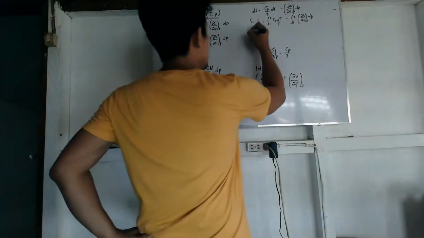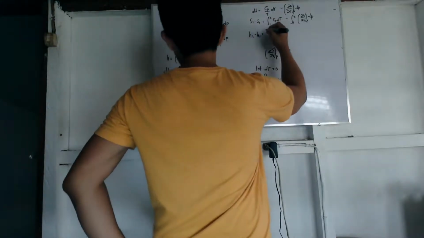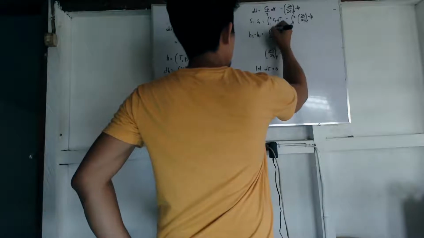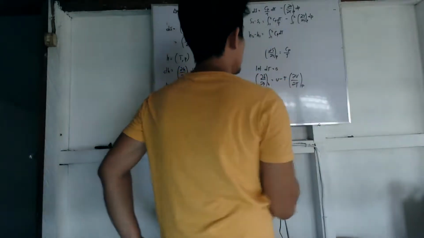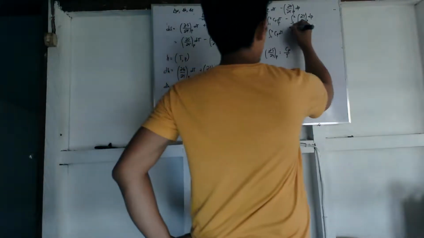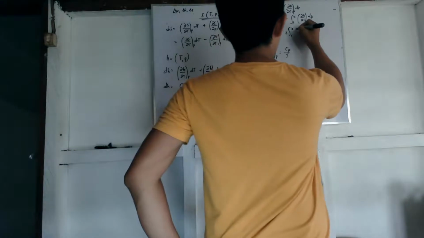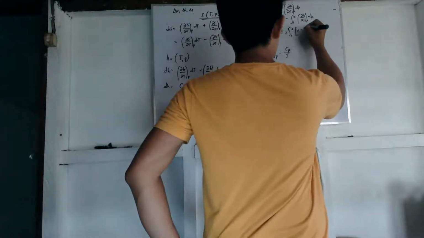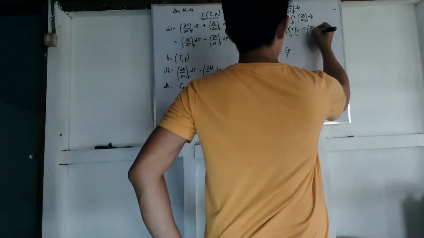So you have the change in enthalpy equal to the integral of Cp dT plus the integral of V minus T partial of V with respect to T dP.